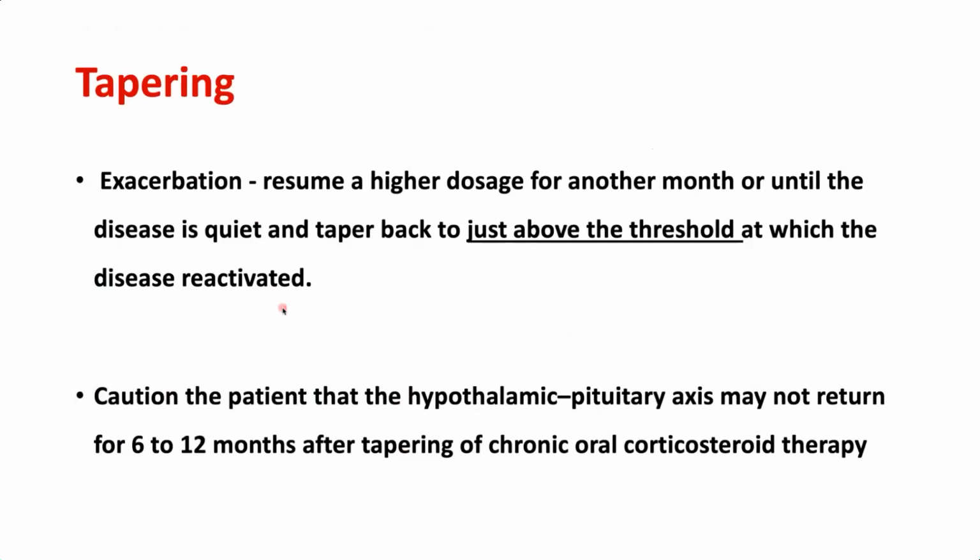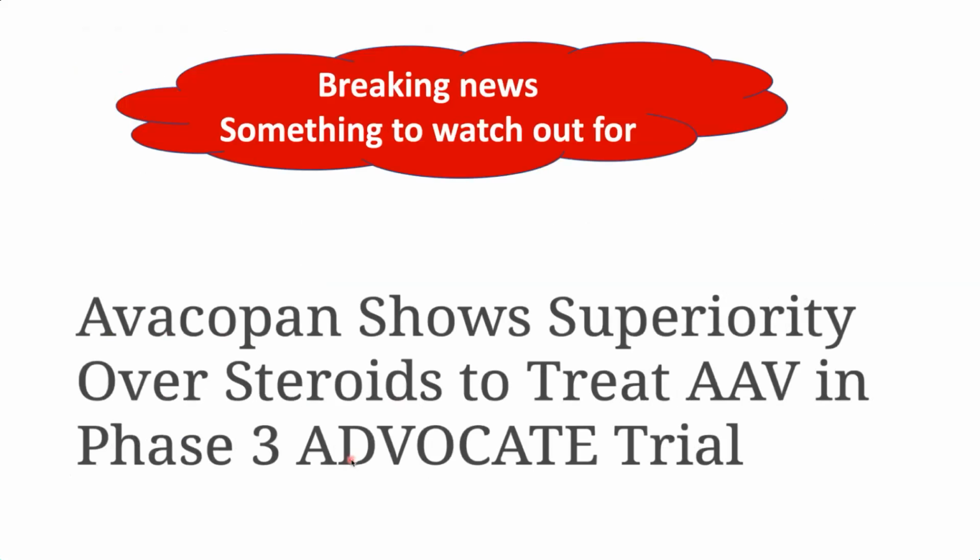And if you're giving immunosuppression in the background, you might increase the dose of that immunosuppression, because eventually you want to get rid of corticosteroids. This is very important. Also, tell the patient that the hypothalamus-pituitary axis may not return for 6 to 12 months after tapering or stopping corticosteroids.